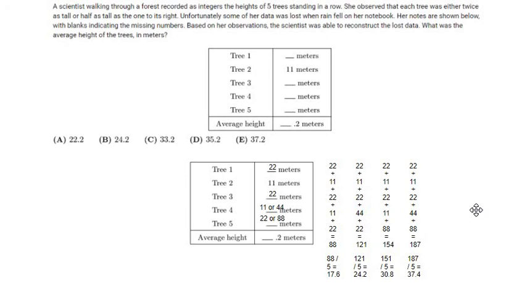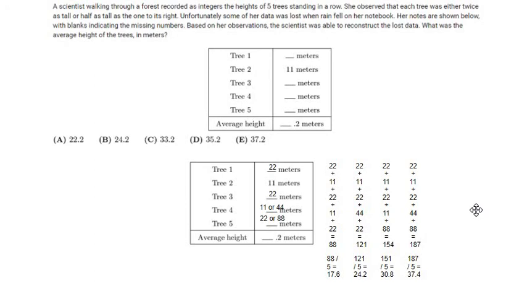Now if we go on to the second case, we see here that where 44 and 22 meters of trees are present, the sum is 121. In this case, 121 divided by 5 to find the average is 24.2 meters, which agrees with our average height of 0.2 of a meter.